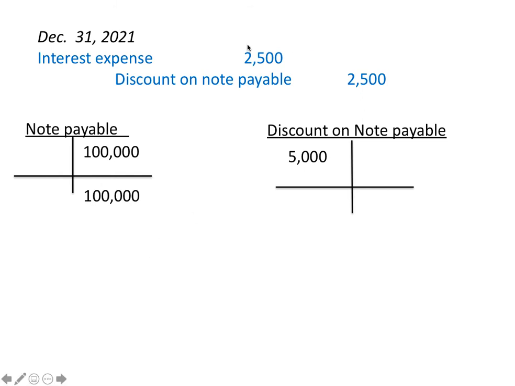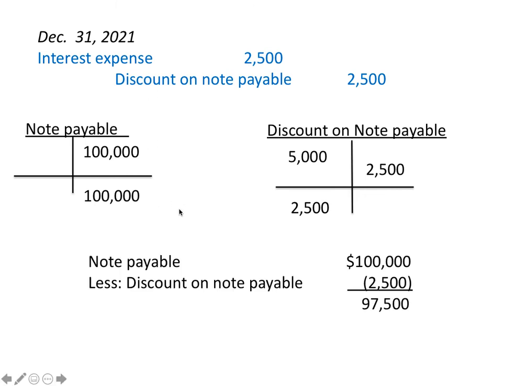So they have incurred $2,500 of it in 2021, so that decreases the future amount that is left to be incurred. At the end of 2021 now, our carrying value on the note is $97,500. The maturity value of $100,000 less the remaining discount on the note payable.